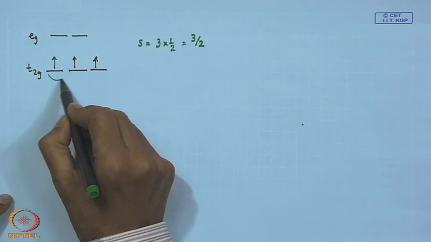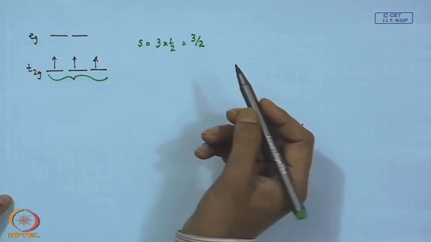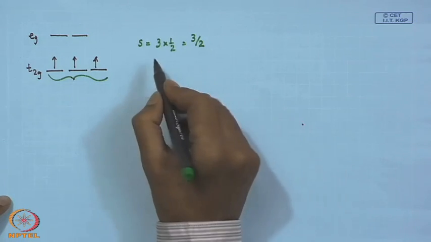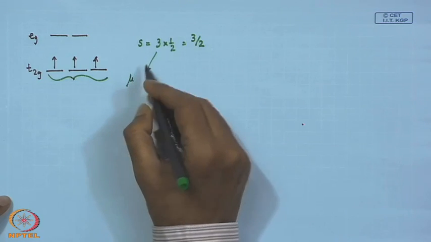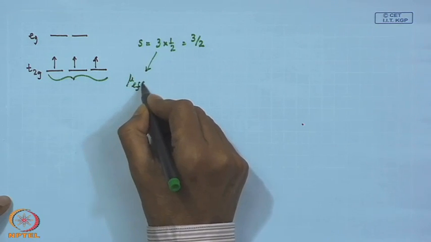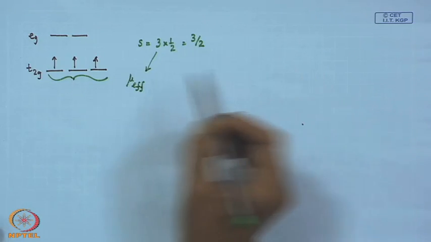Considering these 3 unpaired electrons, when we measure the magnetic moment, we should get the mu effective value for 3 unpaired electrons.